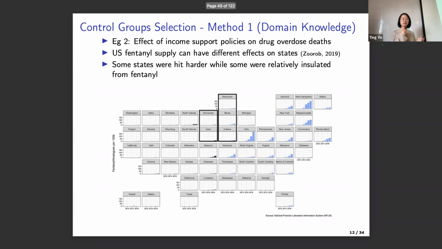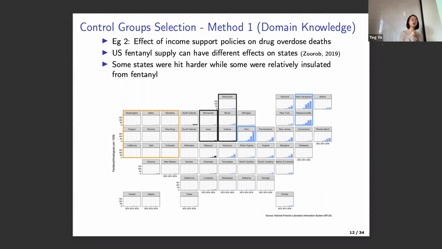So in this case, if we are interested in these several states that were hit modestly by the US fentanyl supply, and we think the US fentanyl supply is a latent time-varying factor, then we can find two control groups. One is strongly positively affected by the fentanyl, and one is not much affected by the US fentanyl supply.